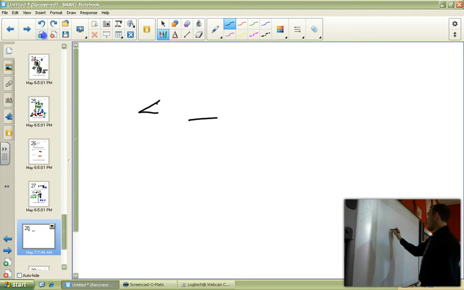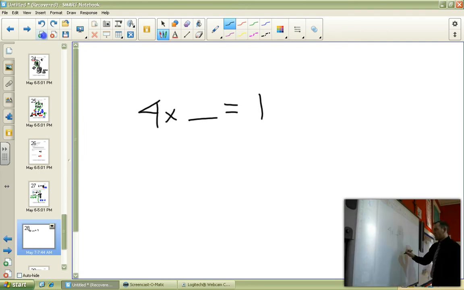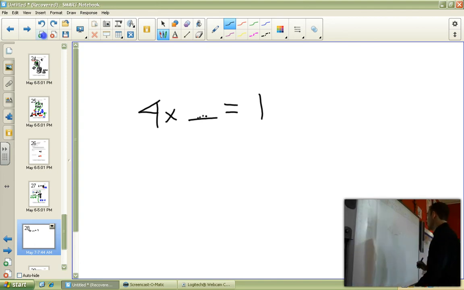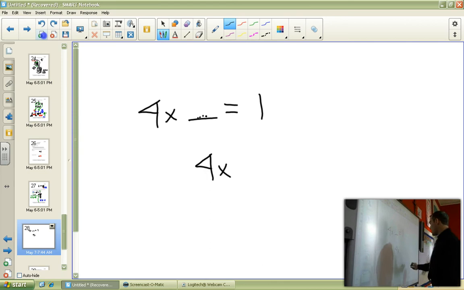Remember when I had 4 times something equals 1? Well, the blank in math, we don't really use blanks or question marks. We use variables, which we've talked about in a previous lesson. And so you're going to come up with problems where you have something like 4x equals 28, and you need to figure out what the x is.